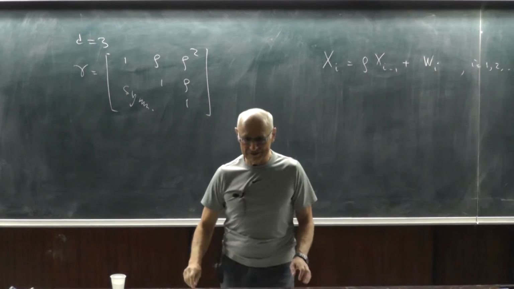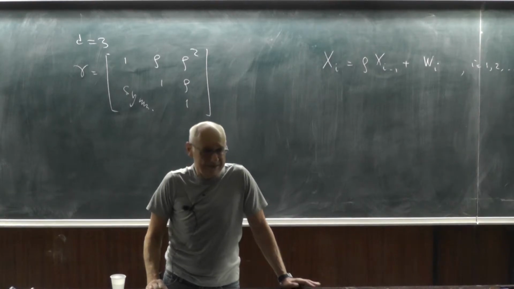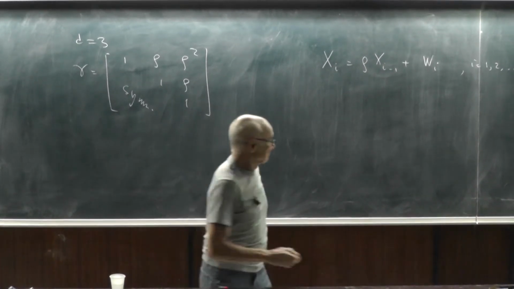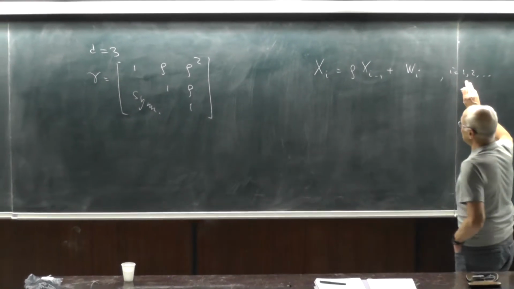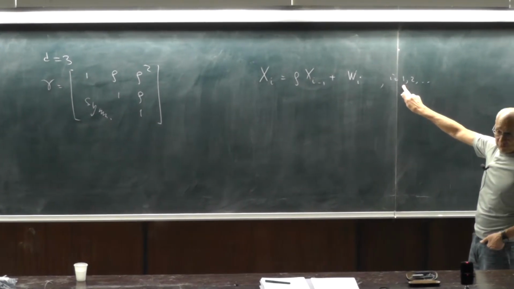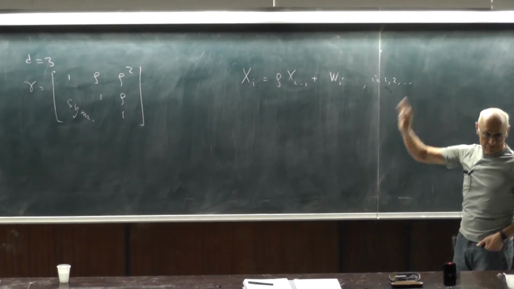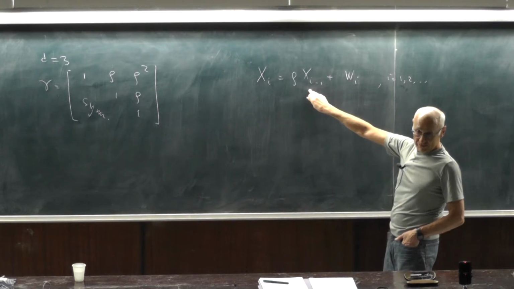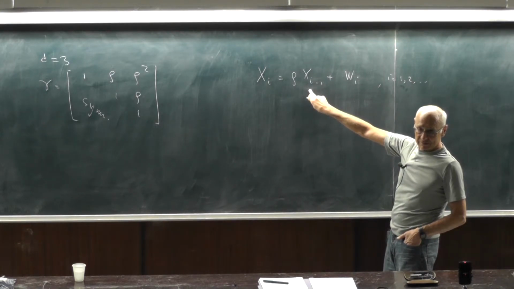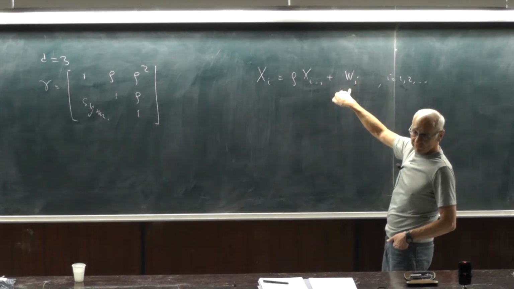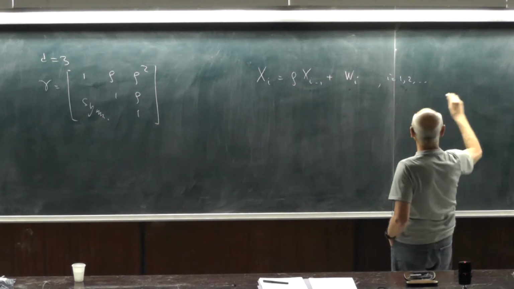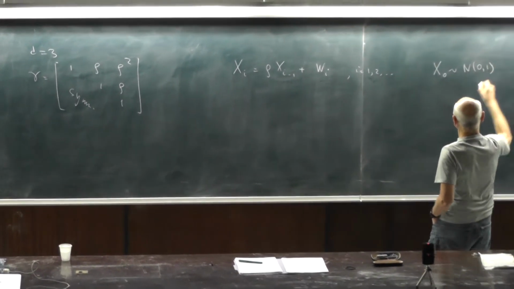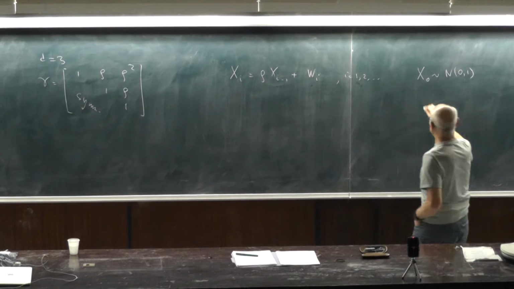Let's say this is a time series, and I need your help, really need your help right now. So we start, it's running from i equal to 1 to whatever. So to start it, I need x0. And I have to tell you what W is. Right, so let's say x0 is Gaussian 0, 1.